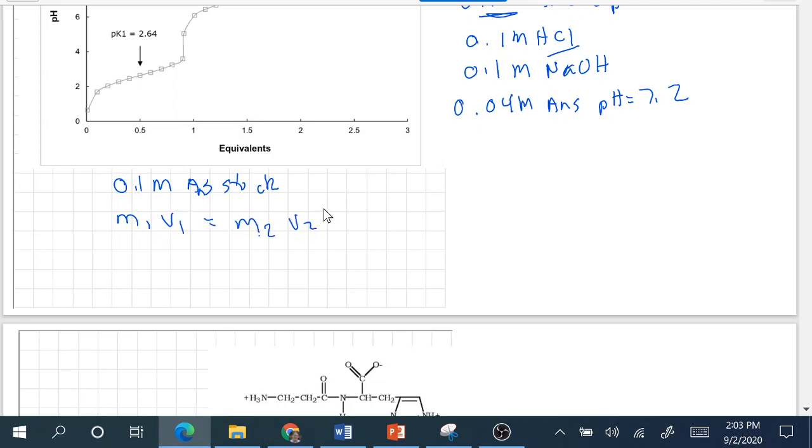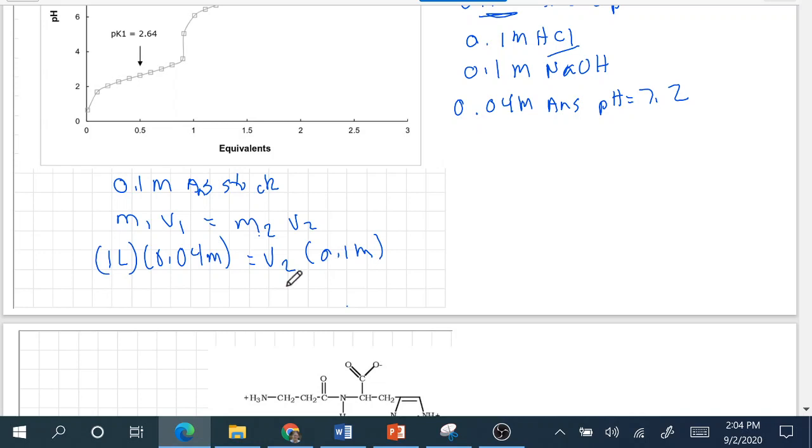So 1 liter times 0.04 molar, that's the volume times molarity that we want, is equal to V2 times M2, which is 0.1 molar.